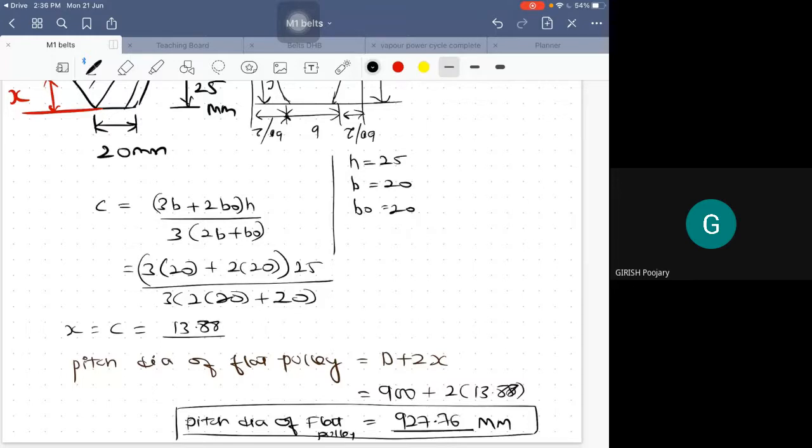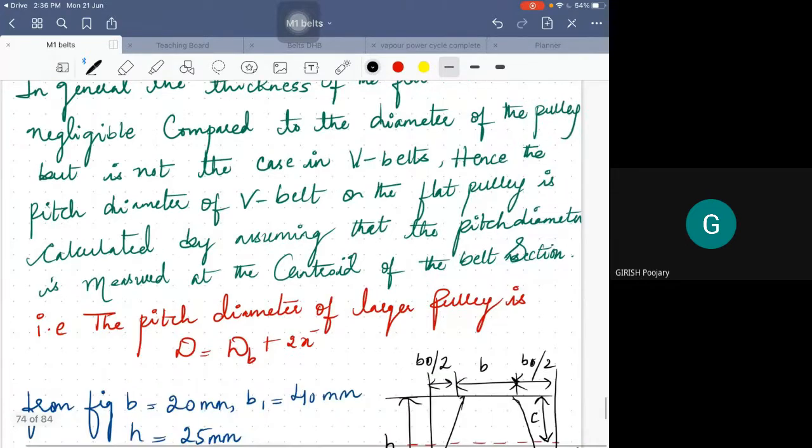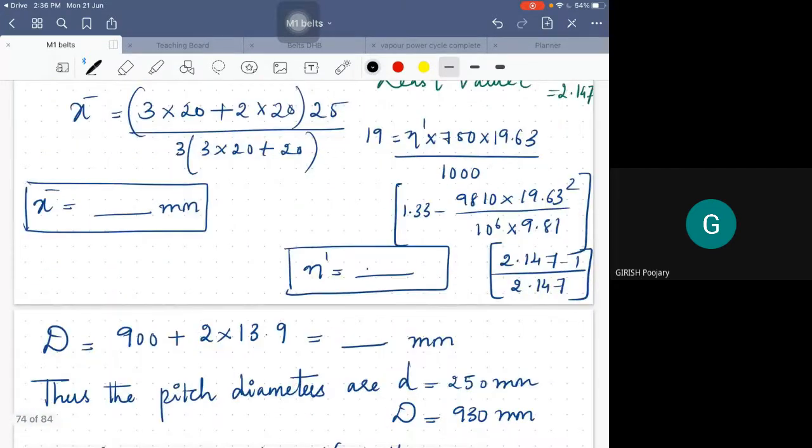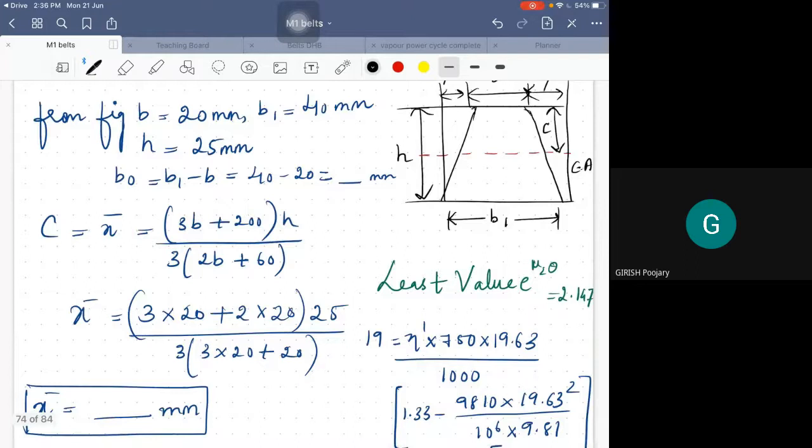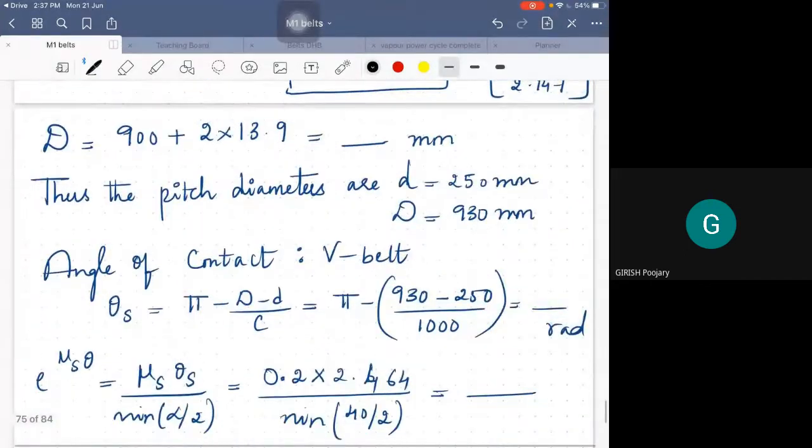Can I approximately take it as 930? It cannot be 927.76. I'll just move on to the next higher value, which is 930. Okay, fine. So once that is calculated, all the stuff is ready now. Pitch diameter is 930.